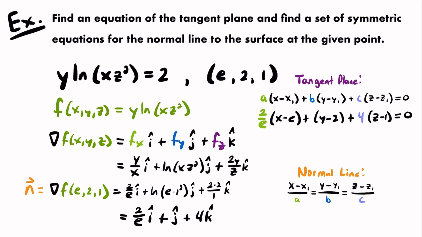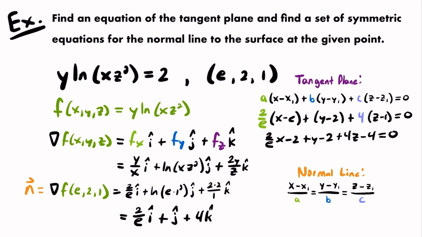Okay, and then simplifying, you want to distribute 2 divided by e through this quantity and 4 through this quantity. And so when you multiply 2 divided by e by this negative e, the e's will cancel out and you'll just get negative 2. So you get 2 divided by e times x minus 2 plus y minus 2 plus 4z minus 4 equals 0.